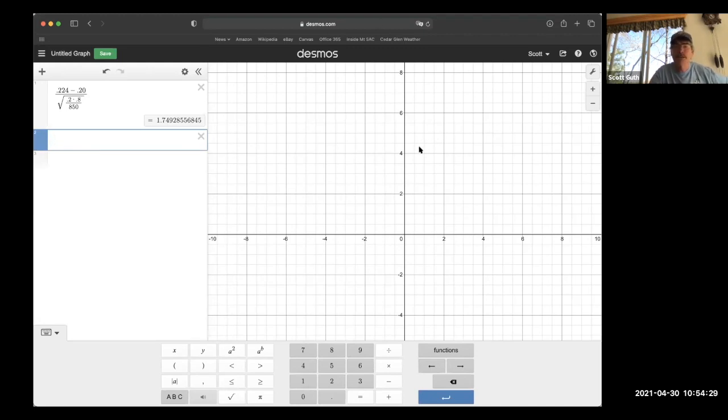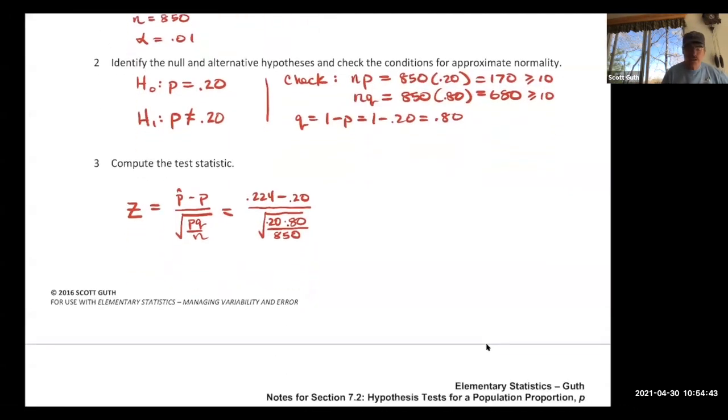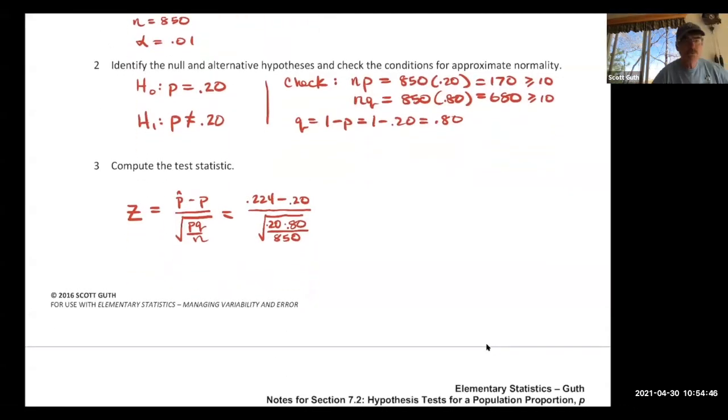I'm going to go back to the iPad real quick. Okay, so again, that's 1.749. I'm going to go with 1.75. And that's all you have to do there.